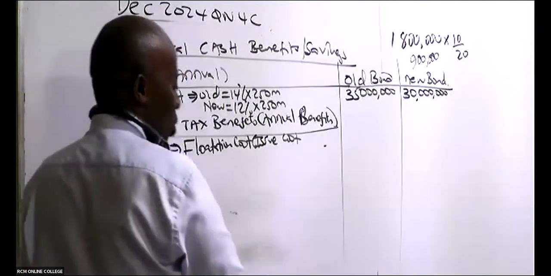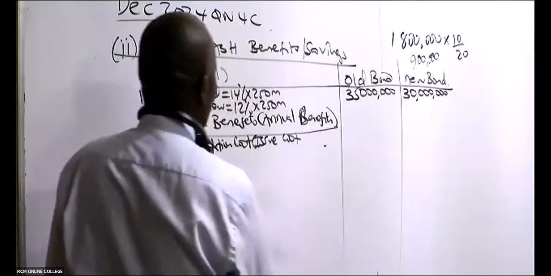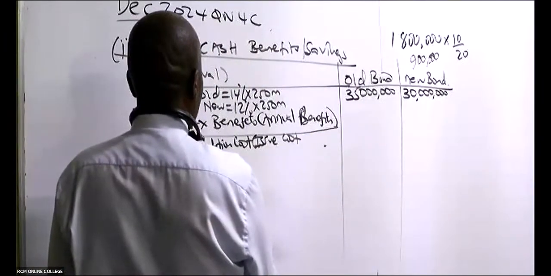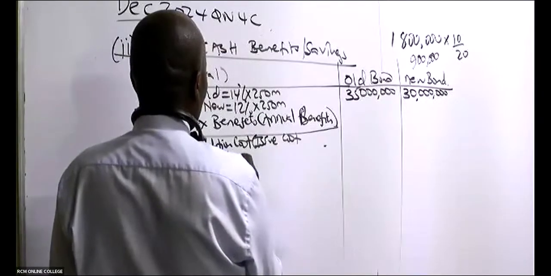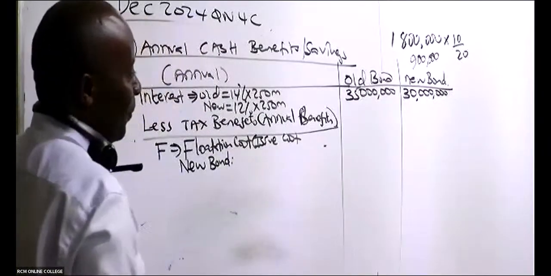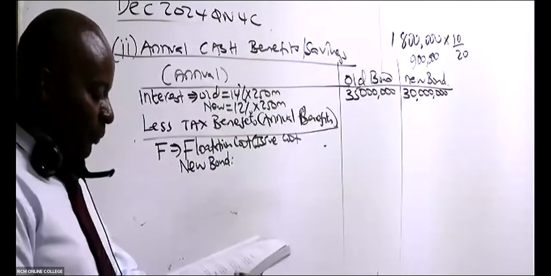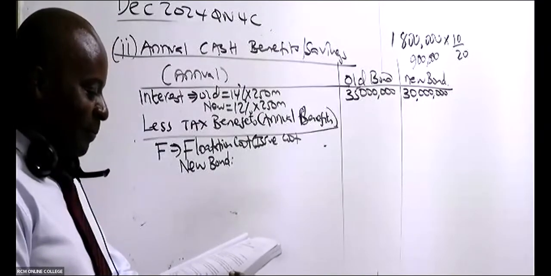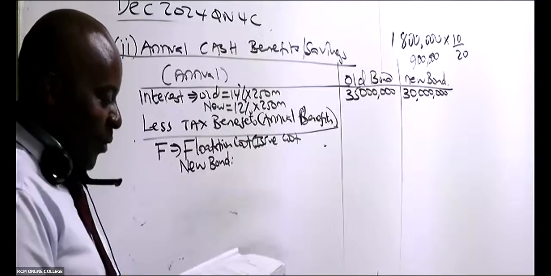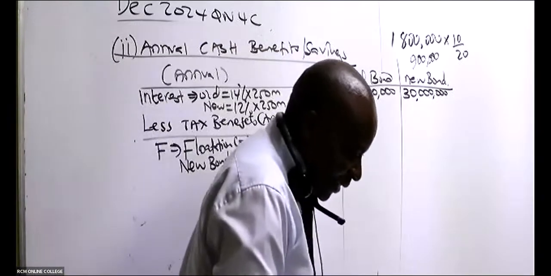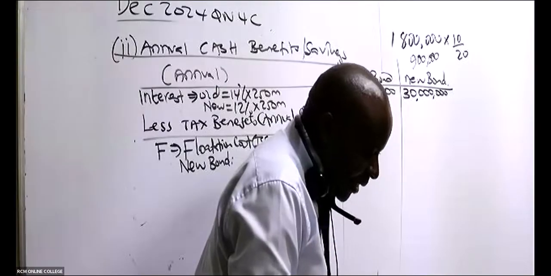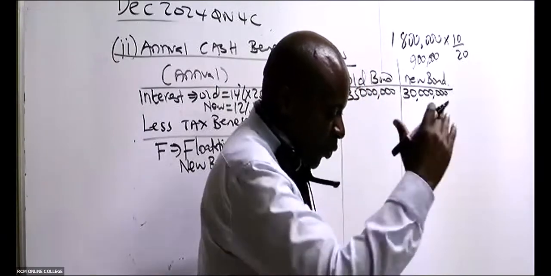So is there somebody who is able to see the issue cost for the new bond? Yes, CO is for the old bond, always old bond.